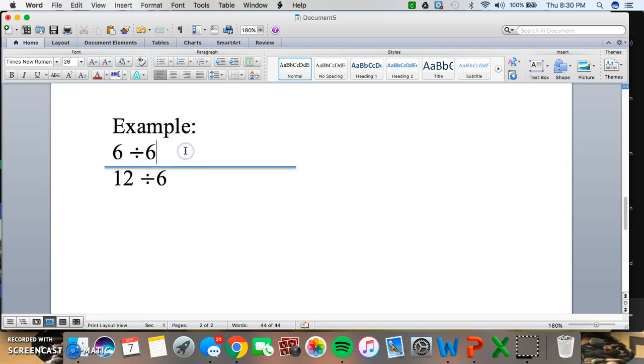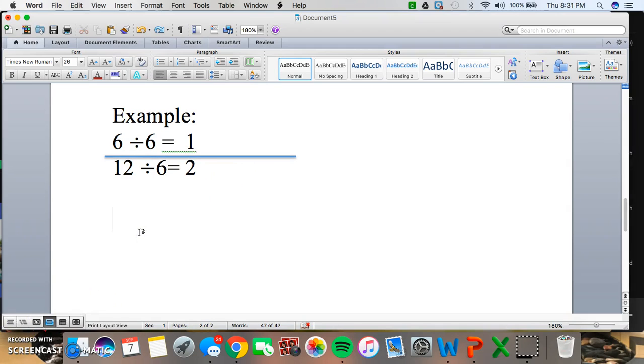So 6 divided by 6 is equal to 1, and 12 divided by 6 is equal to 2. So 6/12 simplified all the way down to simplest form is 1/2. So there's our first example.